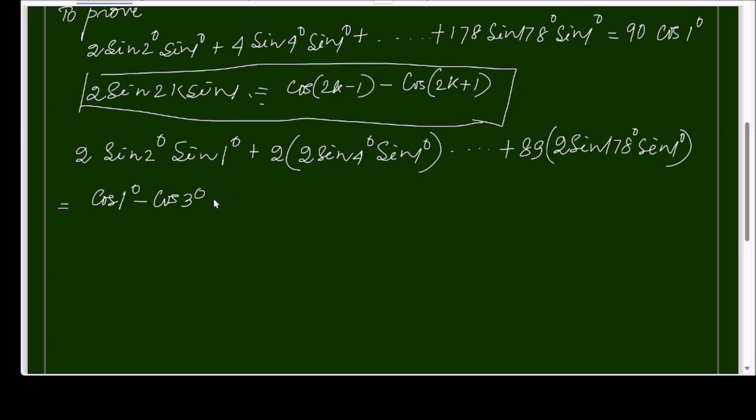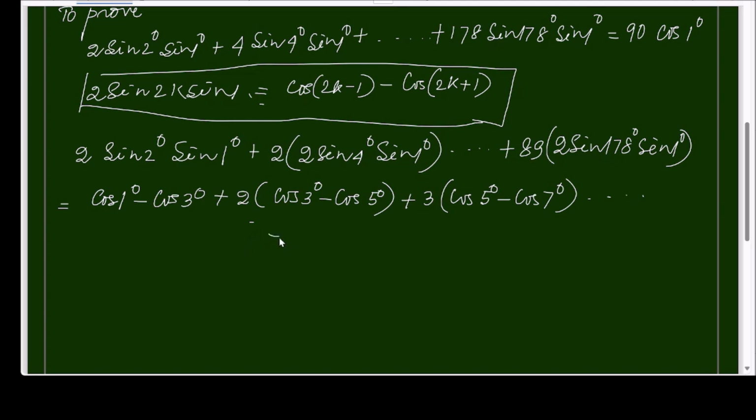The second one will be 2 times cos 3 degree minus cos 5 degree. What will be the next term? It will be 3 times cos 5 degree minus cos 7 degree, and so on. What will be the last but one?